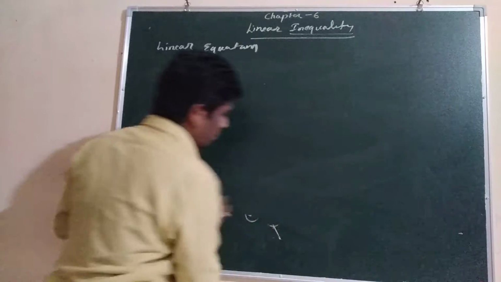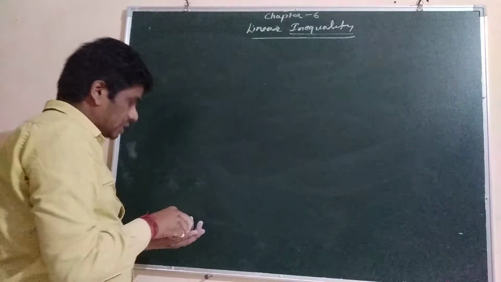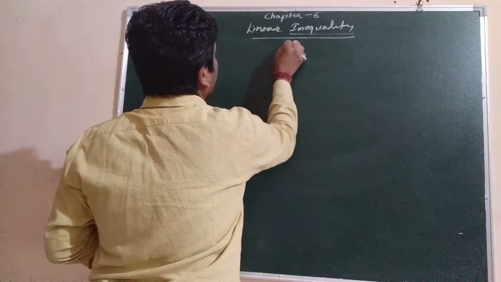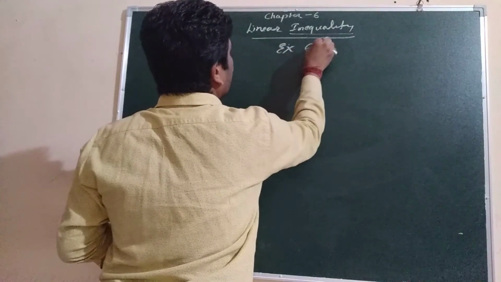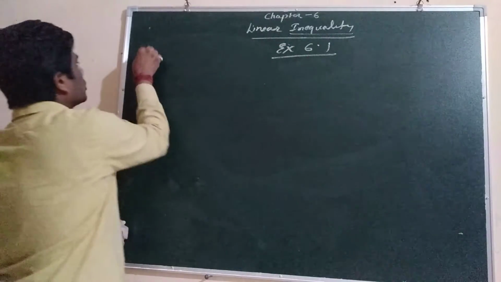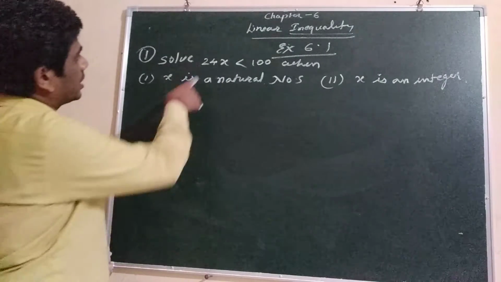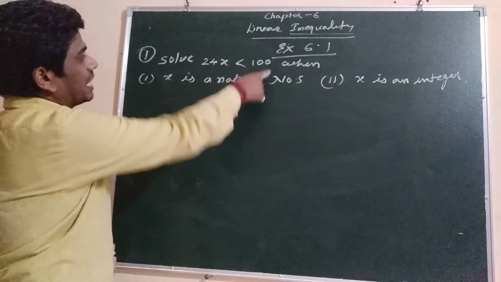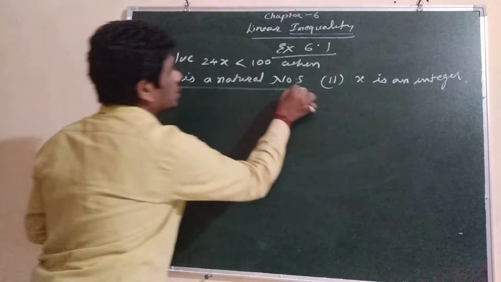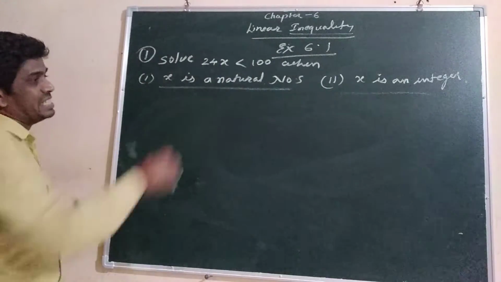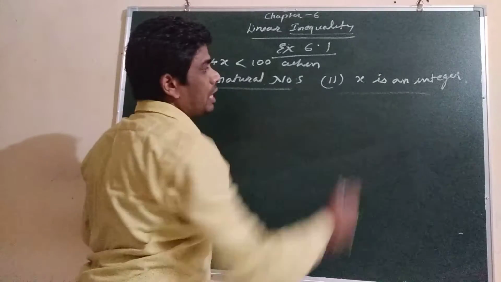First question of exercise 6.1. In this question we have to solve 24x is less than 100 under two conditions: when x is a natural number, and when x is an integer.